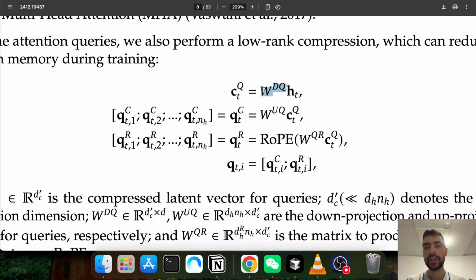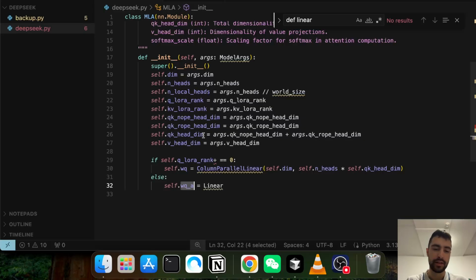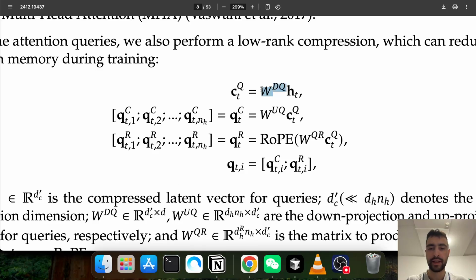The reason they name it WQA is because this is the first part of generating queries. So this is the first W matrix for the query. It's a down query matrix. And WQB will be this matrix later.